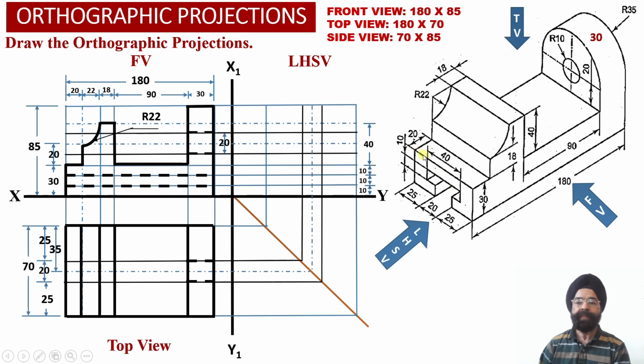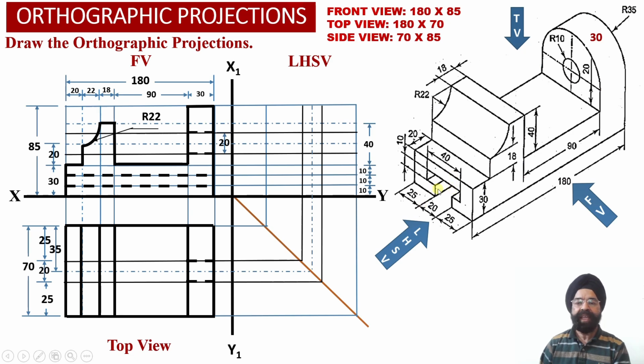And finally, corresponding to this surface of the solid, which is the top surface of the element number 1, because this rectangular surface is parallel to horizontal plane, into the horizontal plane, that is onto the top view projections, we are able to obtain true shape projections corresponding to this surface of the solid.